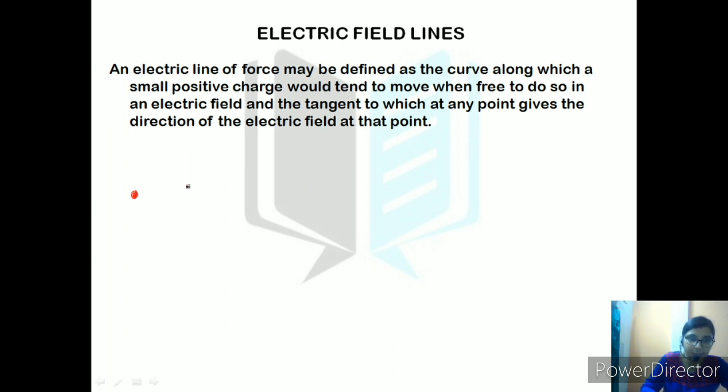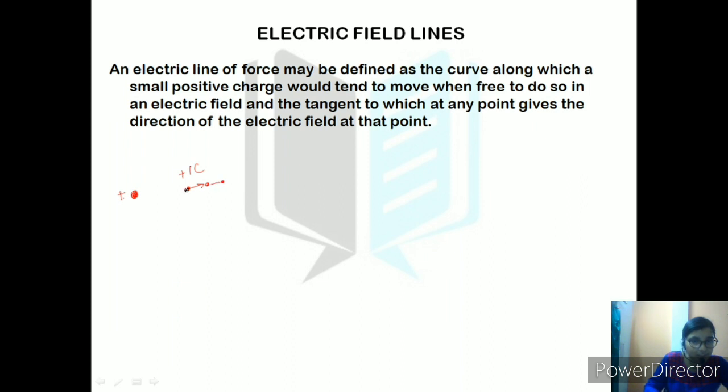Okay. Now if we consider there is one charge here, okay, any kind of charge. Now if we bring some unit charge, positive unit charge, suppose 1 Coulomb. Okay, now here see, if this is positive charge, this will get repelled away. Okay, then suppose this is moving in this direction in this case, and after some time it reaches here, then at this point even it will experience force of repulsion and again it will move away.